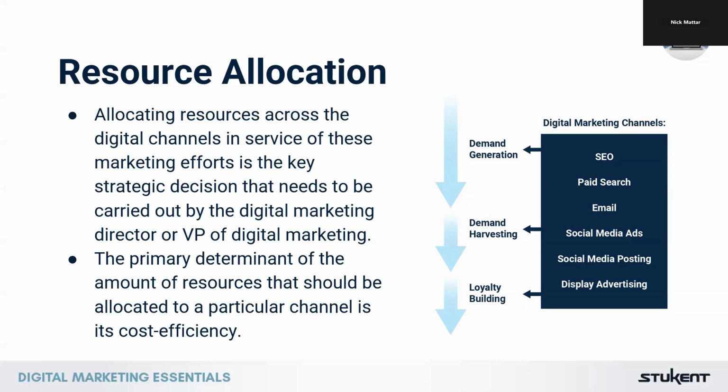For a lot of businesses, they don't invest in SEO at all. A lot of companies don't even run ads. Email marketing, I think, is pretty broad-based at this point, but a lot of businesses don't even have a real strategy around it because it takes some forethought, time, and planning. Whereas with social media posting, organic social, everybody does it, but a lot of businesses don't really allocate many resources to it.